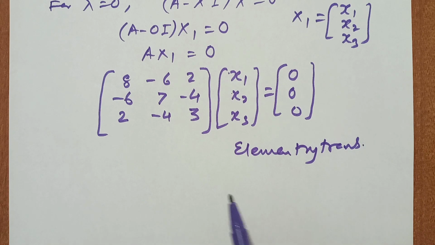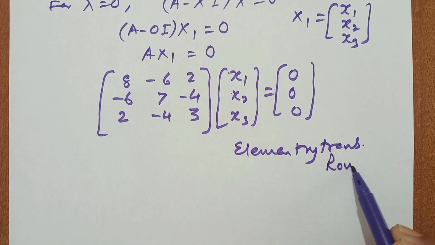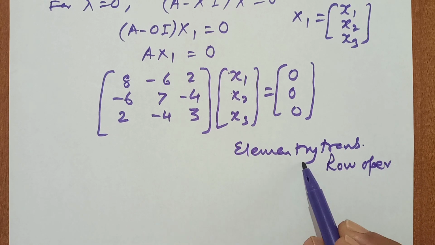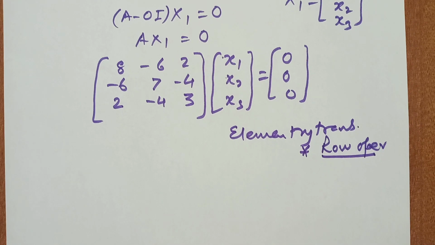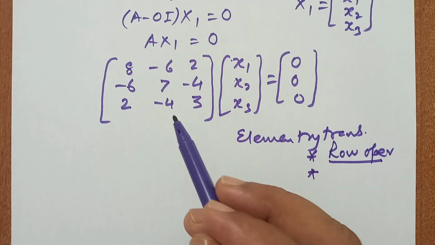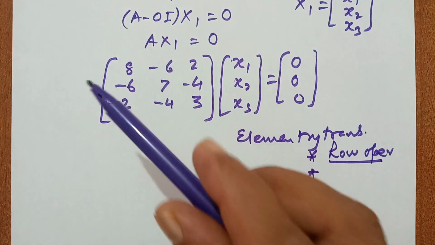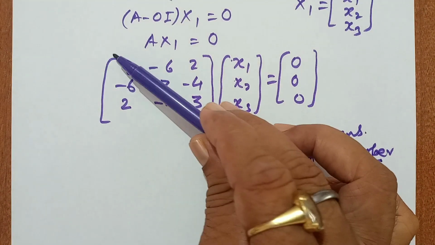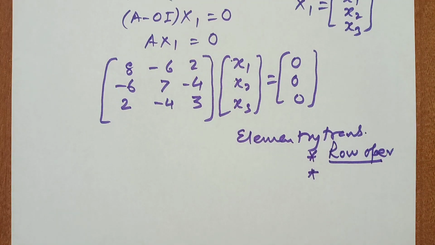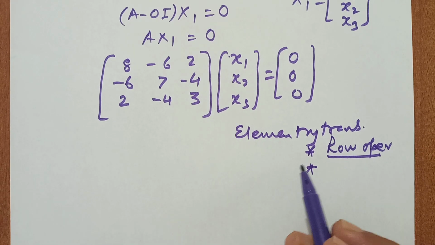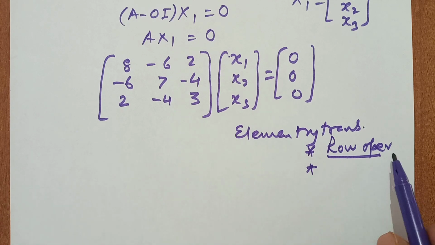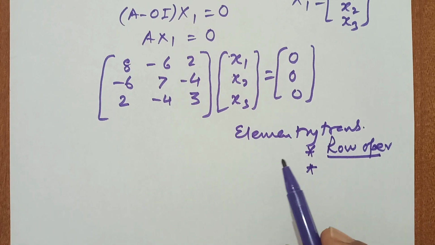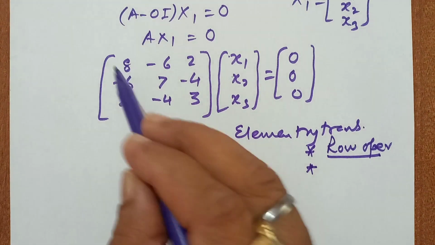Here we will use only row operations. The second step is that our aim is to prepare a matrix with all elements 0 below the diagonal. So only 2 steps to obtain the rank of the matrix: first, use only row operations; second, make all the elements below the diagonal 0.